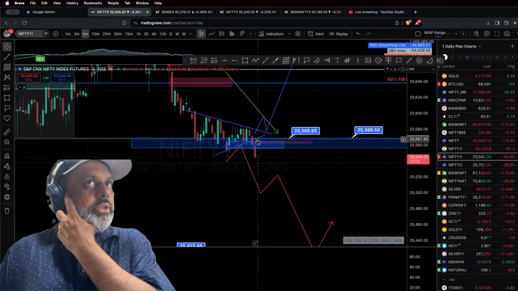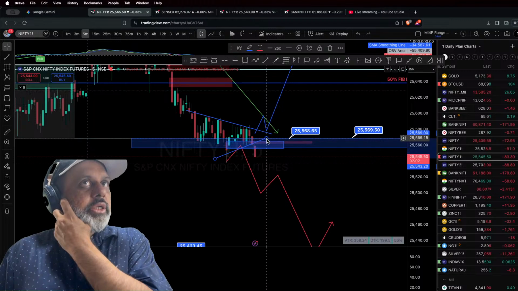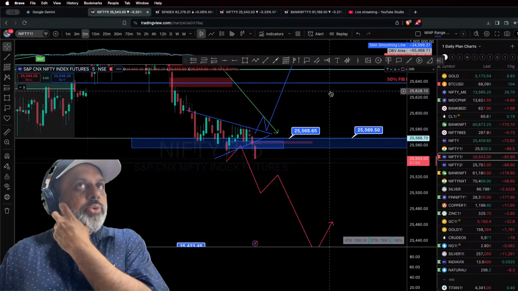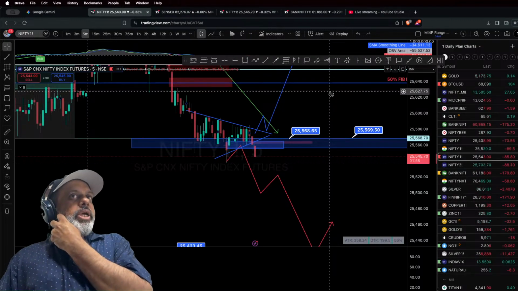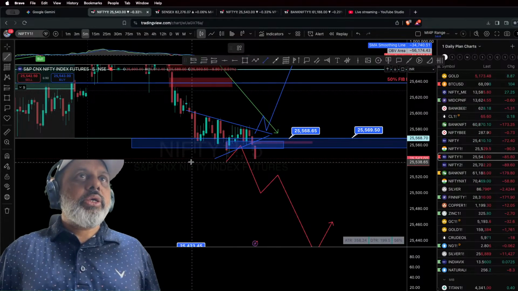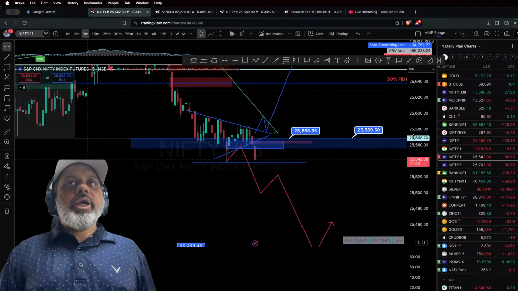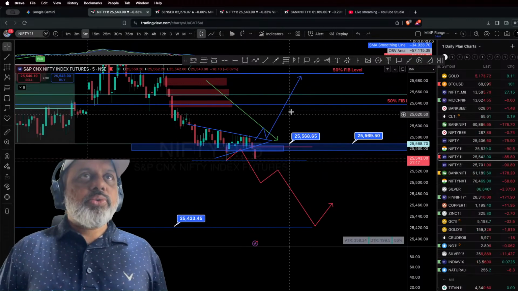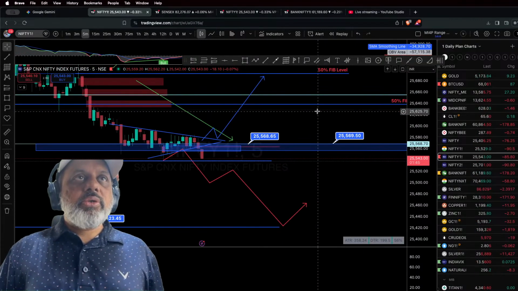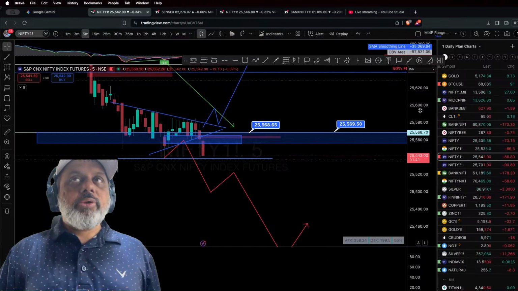and we could be streaming lower. So yeah, this is a line that I would want the price to respect, and this is the level that I'm looking at. The moment we close below this level, we will probably head lower to 26,423. Doesn't look very good to me for sure, but let's keep our fingers crossed.